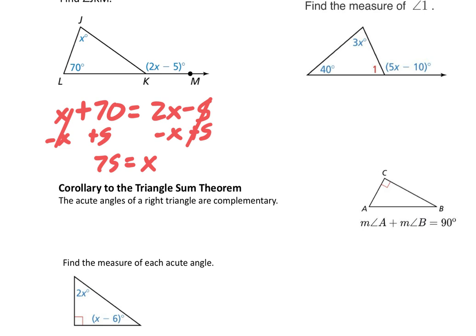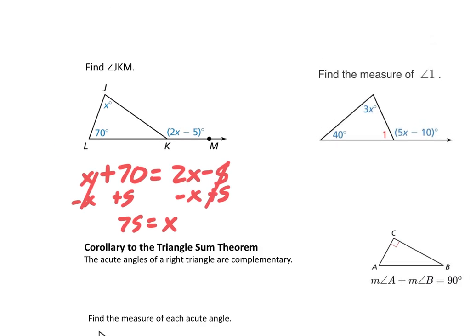Sometimes we may just stop right there, but you have to read your directions carefully. In this case, it wants to know what is JKM. What is JKM's expression equal to? What's JKM labeled as?